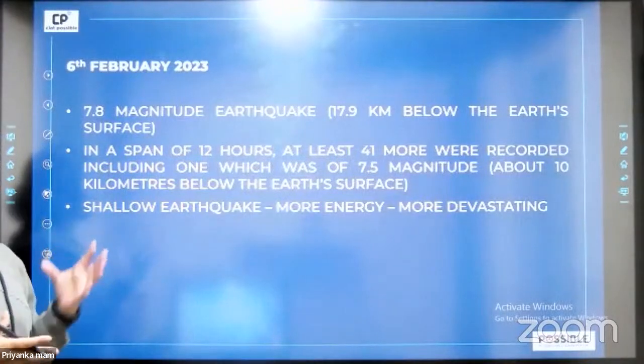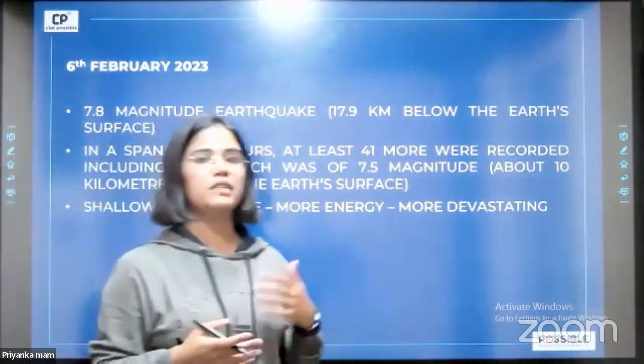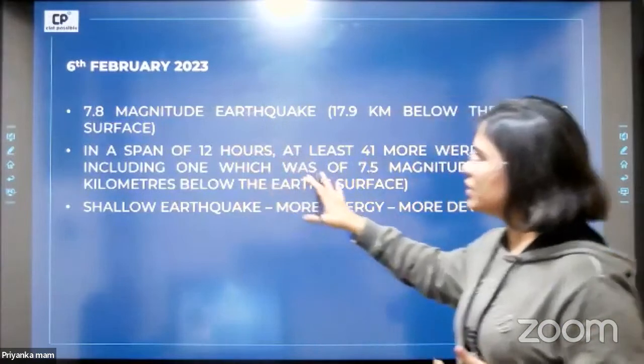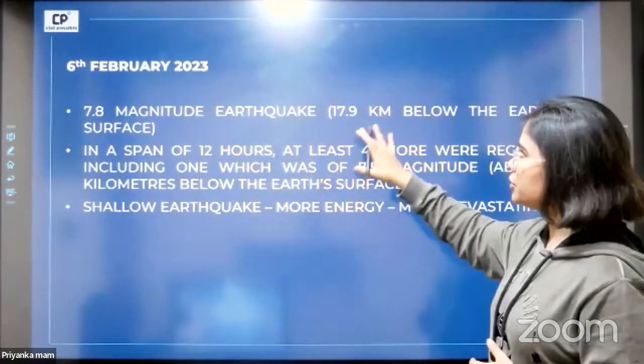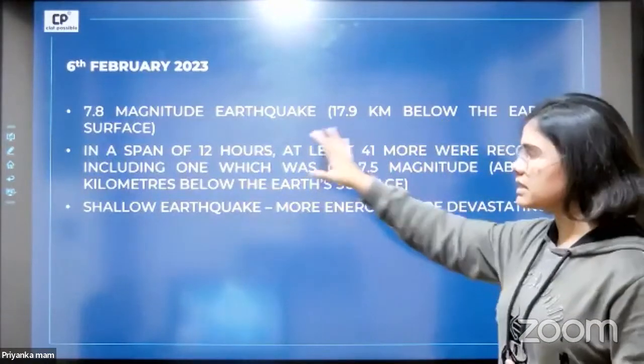So what are we even talking about? First we'll talk about whatever is in the context, whatever is in the news, and then we'll get down to the whys of it. On the 6th of February, there was a 7.8 magnitude earthquake, 17.9 kilometers below the Earth's surface.